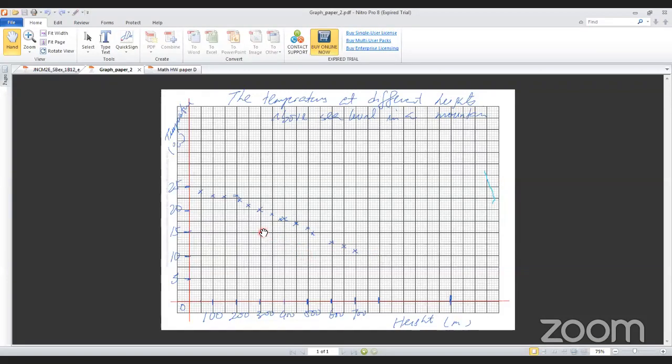Okay, you can see the points here. Now this is part A. And then part B: according to the scatter diagram in A, describe the relationship between the height above sea level and the temperatures in the mountain. In this case, it means when the mountain is getting higher, the temperature is lower. The description may be a bit difficult for you because you should know, when you talk about height, what is the suitable adjective?